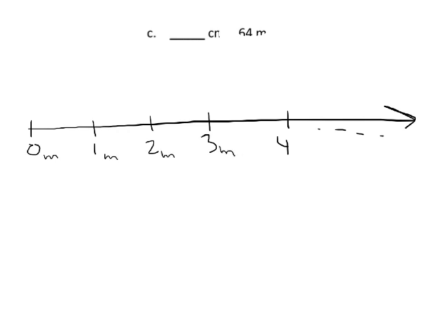And the thing I have to remember is that for each meter from here to here is 100 centimeters. And then from here to here is 100 centimeters, and etc. So each meter is 100 centimeters.